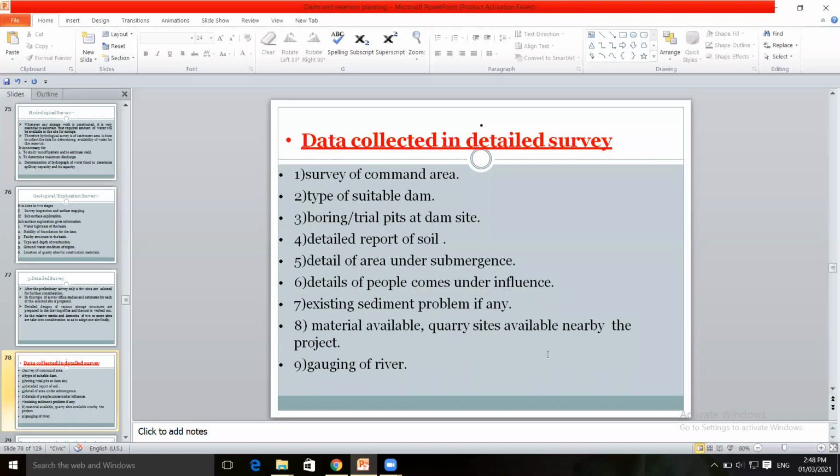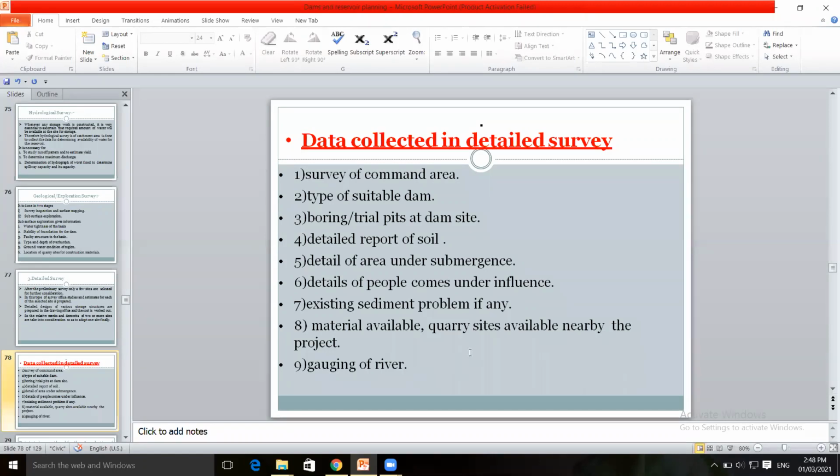For an earthen dam, you may require clay, silt, gravel, boulders, rubble, etc. And for a concrete gravity dam, you require cement, sand, aggregate, admixtures, steel, timber or other material required for construction of the dam. So all this data is collected in the detailed survey and detailed investigation.